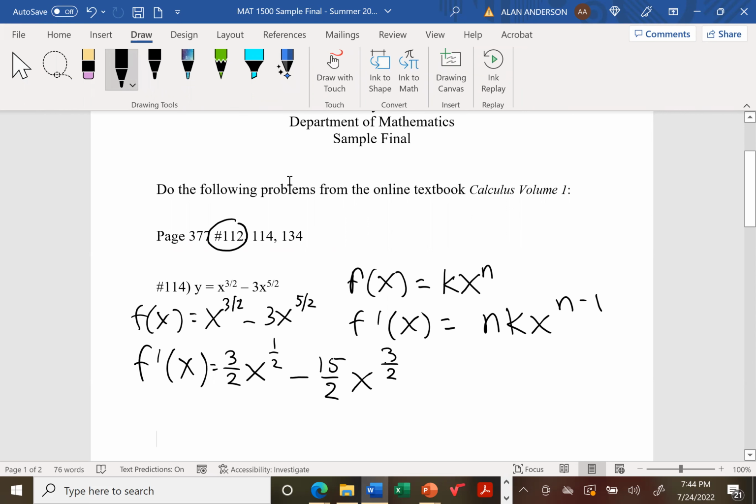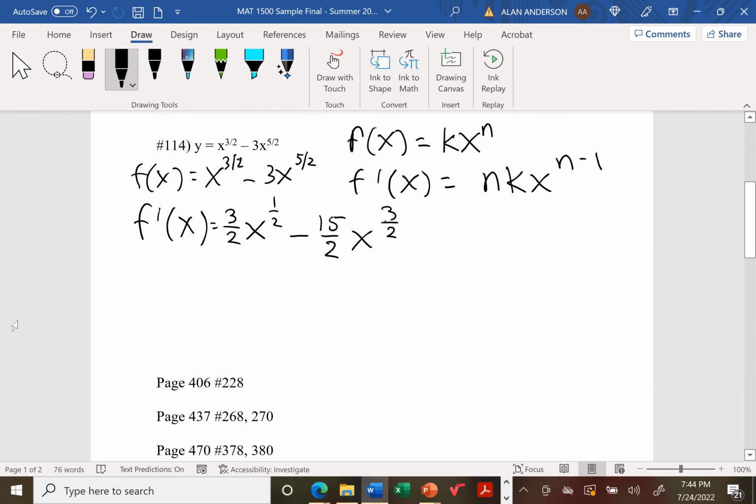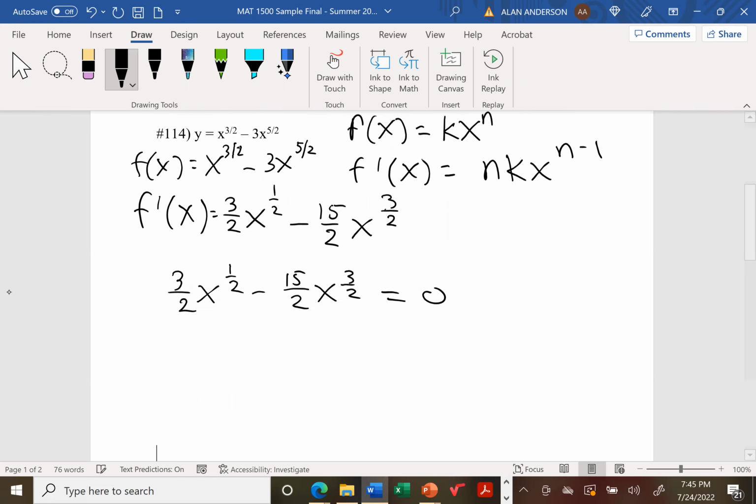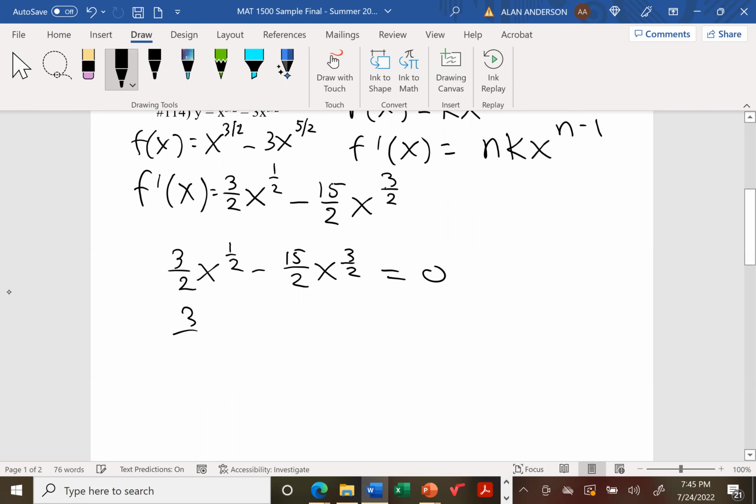Now, here's what we're trying to do. We're trying to figure out what values of x would cause this to be equal to 0. So in other words, we're setting this whole expression equal to 0, which is equivalent to saying 3 halves x to the 1 half equals 15 halves x to the 3 halves.